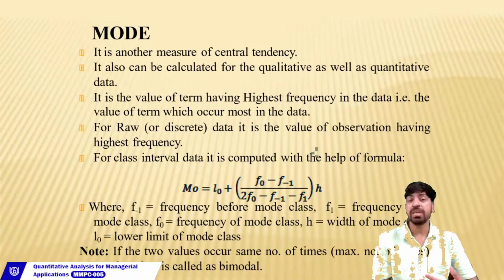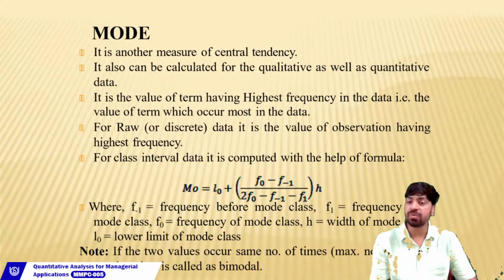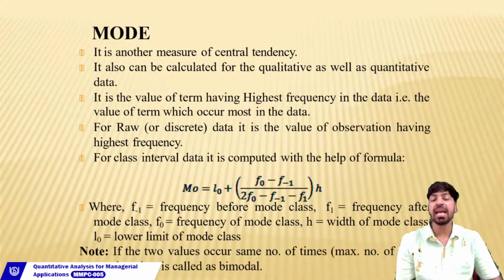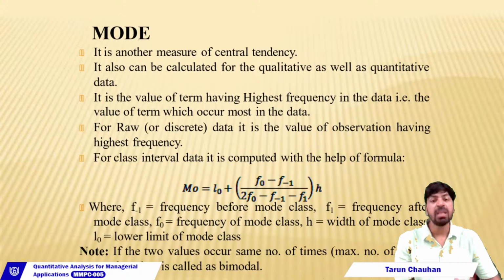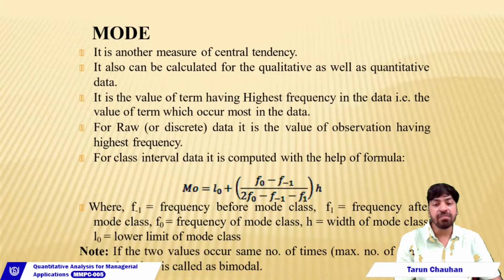In the case of a class interval, the data is represented in a continuous series and is calculated using a different formula, given on the screen. That is L, the lower limit, plus (f0 minus f1) by (2f0 minus f1 minus f2) into h.